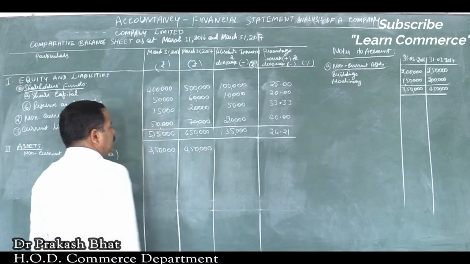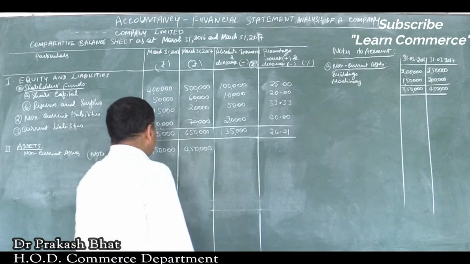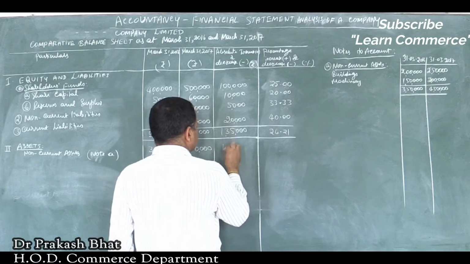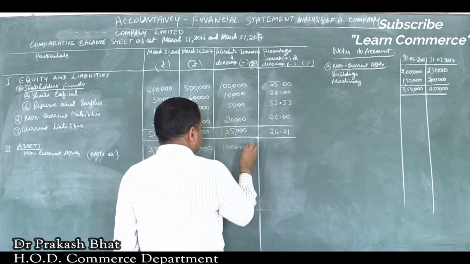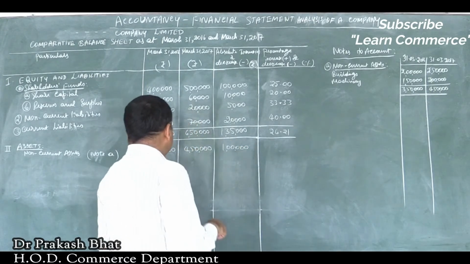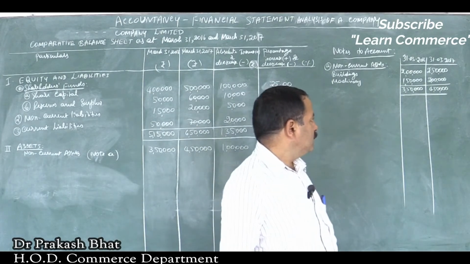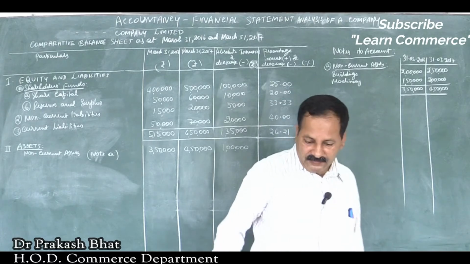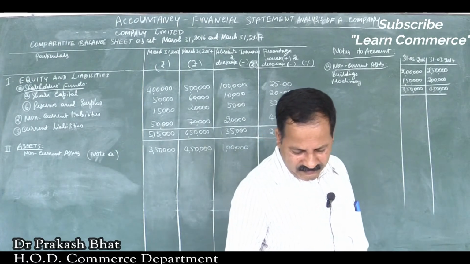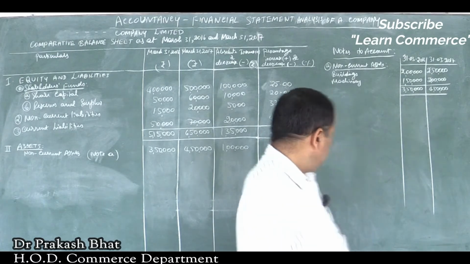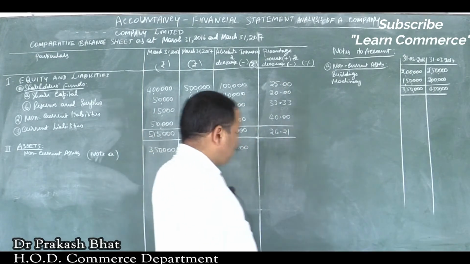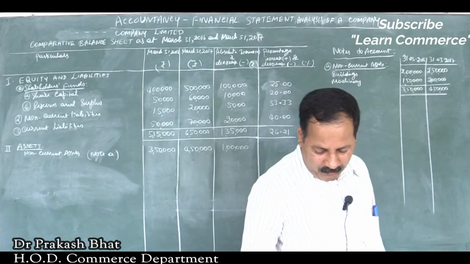There is an increase of how much? Increase of 1 lakh rupees. Correct? 3.5 and 4.5. So there is an increase of 1 lakh. So calculate the percentage. For 3.5, 1 lakh for 100, how much?